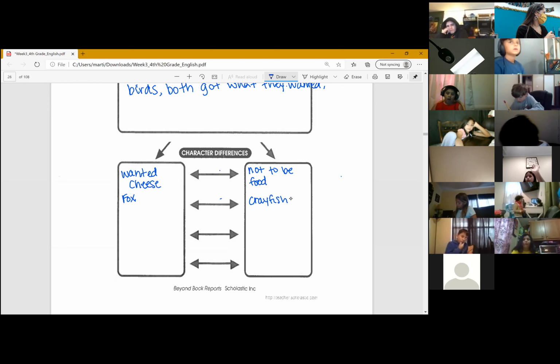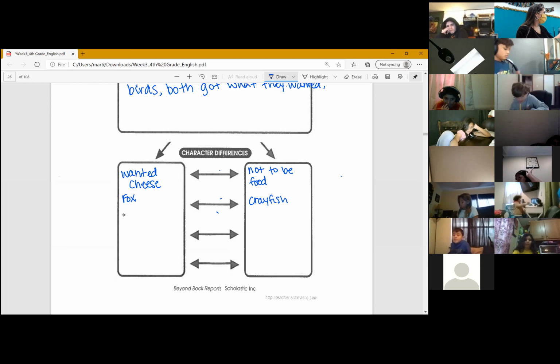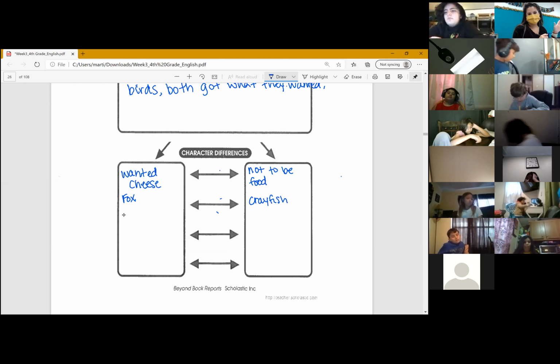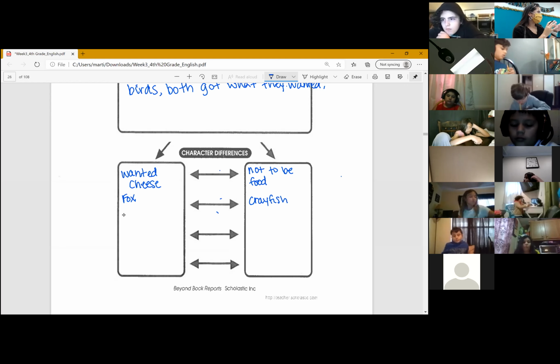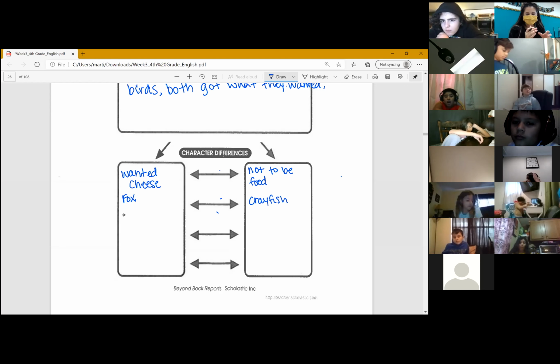The crayfish flattered about the family and the fox is flattered about the... Yes. So Jalecia and Lex just said the fox flattered how the crow looks, and the crayfish flattered and complimented the raven's family. Is that true?